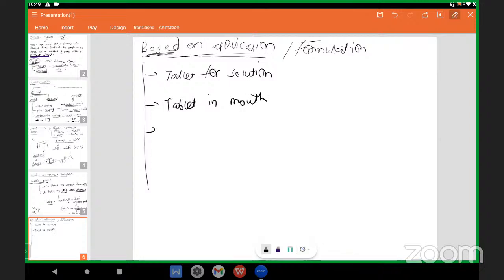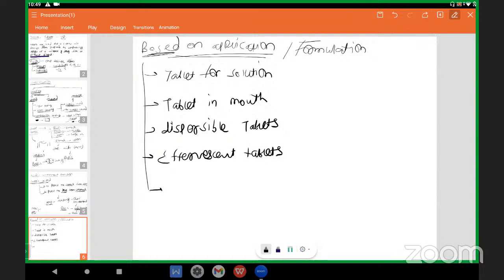Third category, that is dispersible tablets. Fourth category you can define, that is effervescent tablets. Fifth category is other.